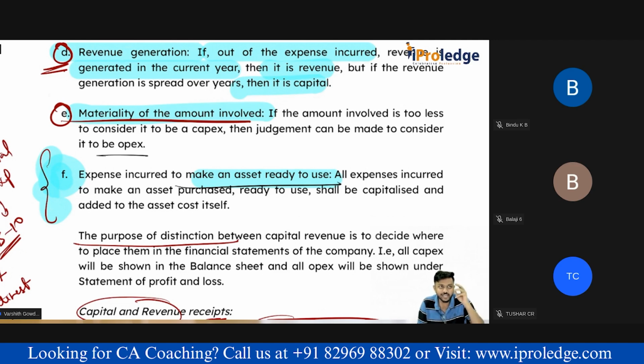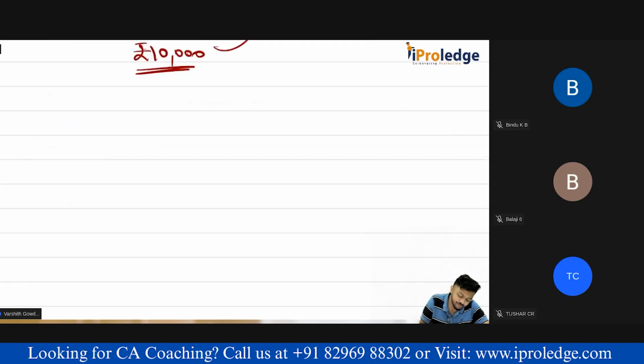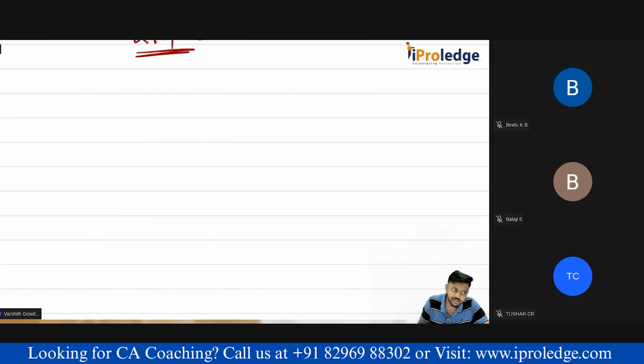If that information can change my decision, it's called material information. It need not be in terms of money only. It can be anything. So as per that concept, we'll understand the word material better now. What is material? Anything which can influence the decision of the users.